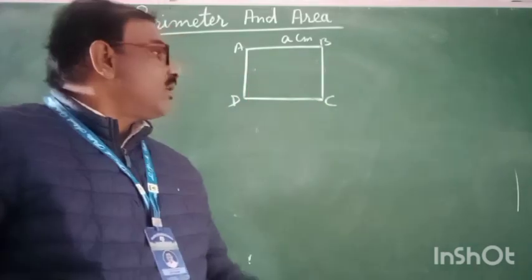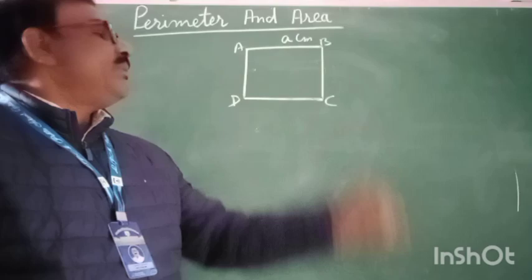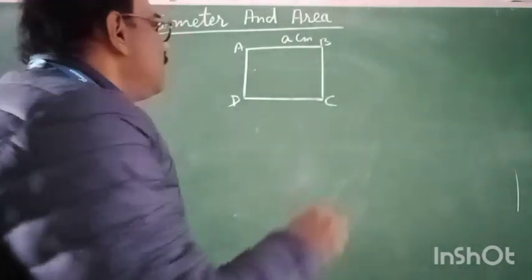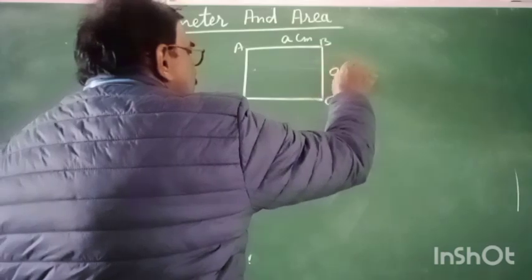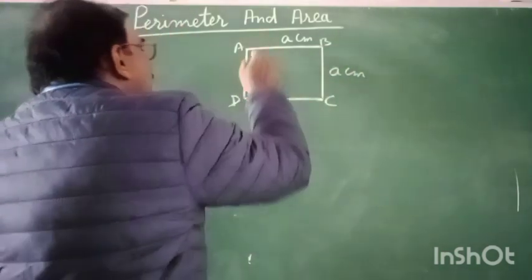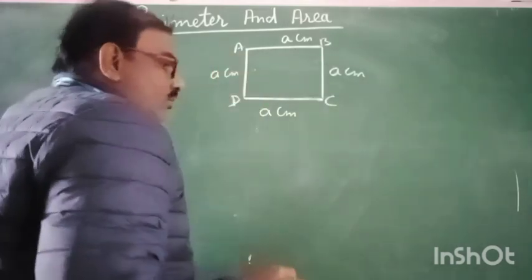As you know, all sides of a square are equal. So if AB equals 8 centimeter, then BC will also be 8 centimeter, CD will be 8 centimeter, and AD will also be 8 centimeter.